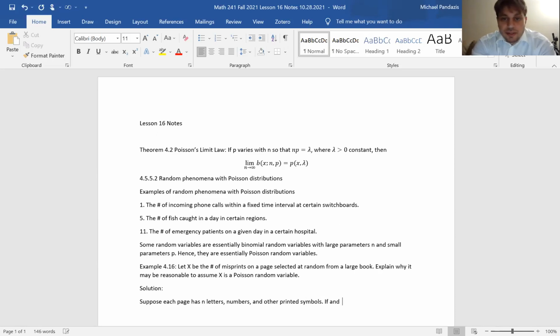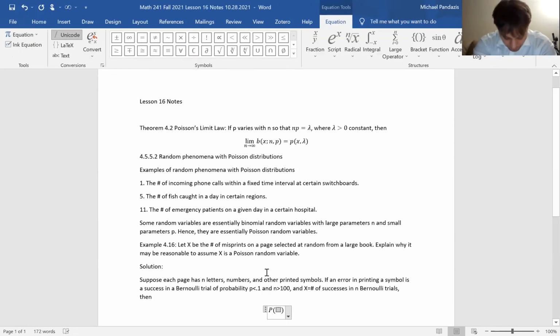So if an error in printing a symbol is a success in a Bernoulli trial of probability p less than 0.1, and little n is greater than 100, so there's more than 100 letters on the page, and X is the number of successes in n Bernoulli trials, then the probability of X equaling some fixed little x is equal to the binomial probability function b(x; n, p).